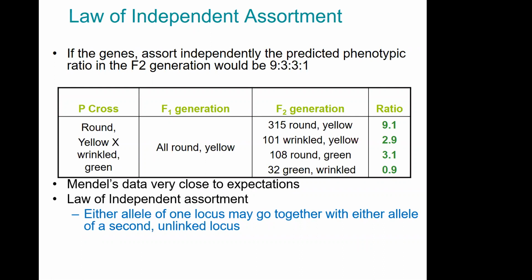You can't use the word each here because each means every one. But this just means one of them. Either allele of one locus may go together with either allele of a second locus, but there is one important caveat. You have to put the word unlinked in here: of a second unlinked locus.